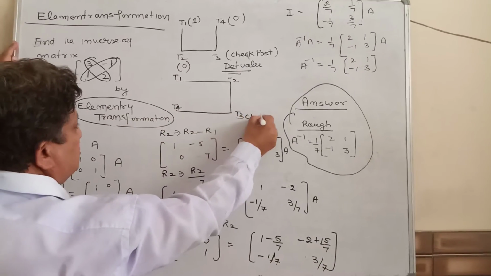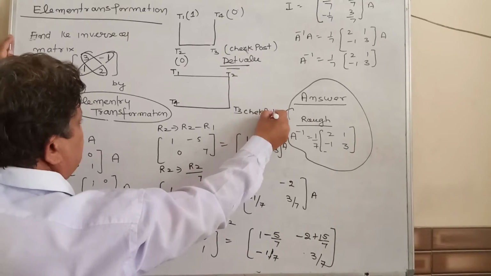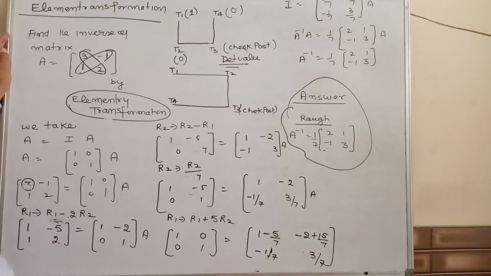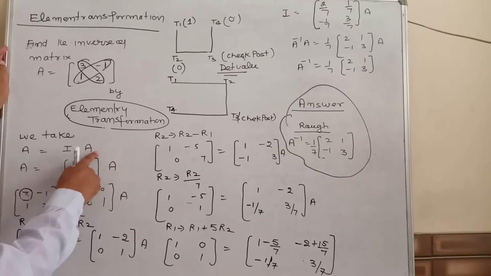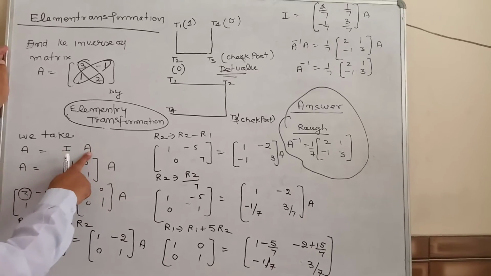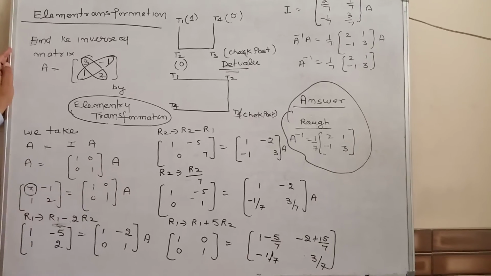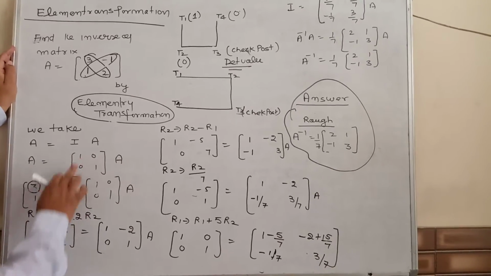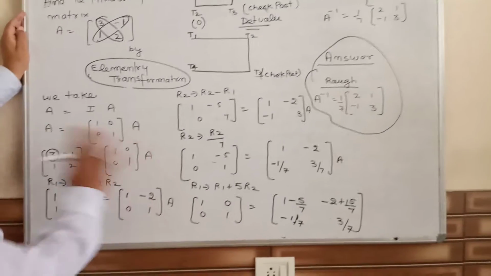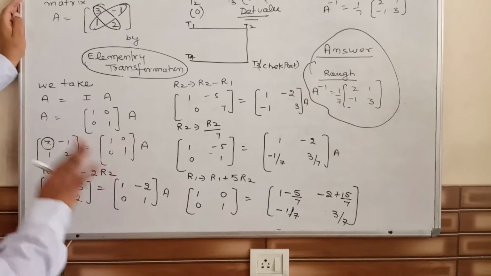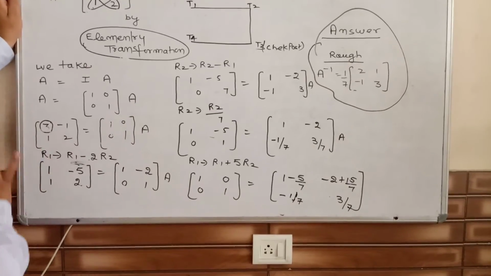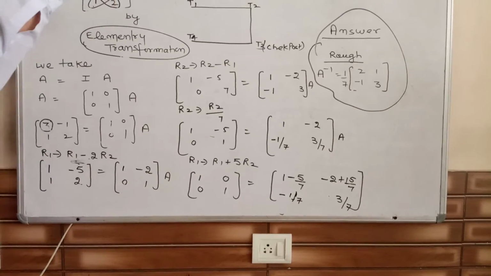This is the column method. But here we take the row method, A = IA, because if we multiply any matrix by a unit matrix, it gives the same matrix. This is the basic concept. Here we take A, and here we take the identity matrix. Now step by step we have to take each and every element by the target level method.